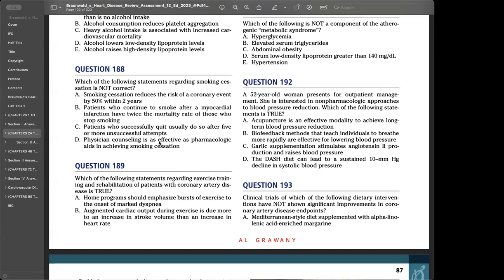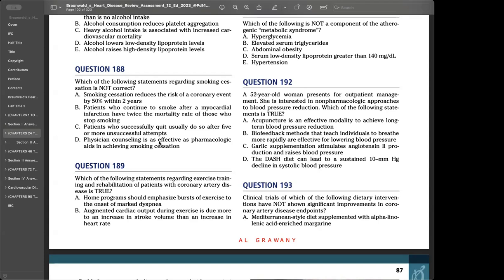So for this question also, we're looking for the wrong option. For smoking cessation, within 2 years the risk compared to a non-smoker is said to reduce by 50%.